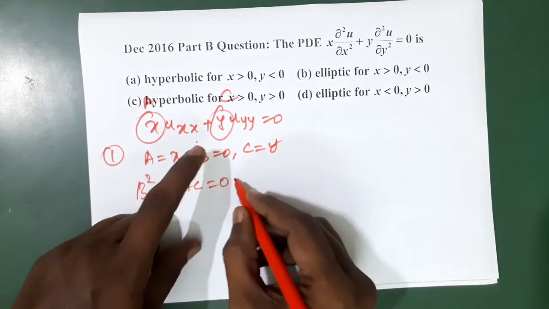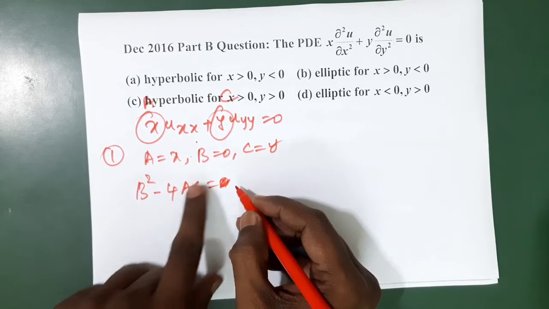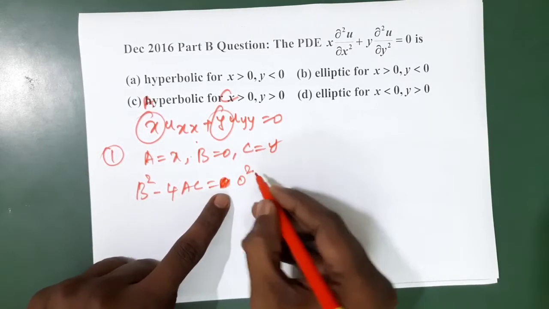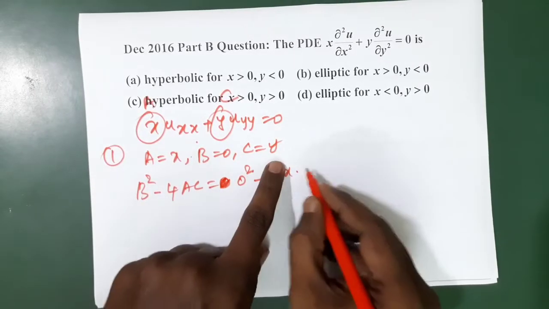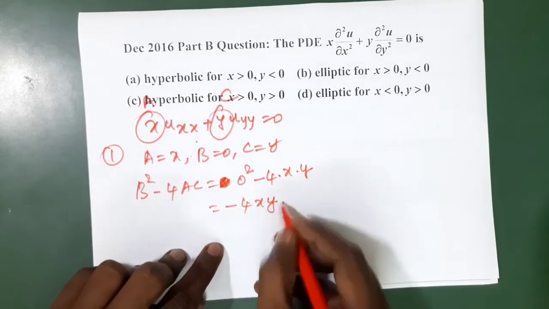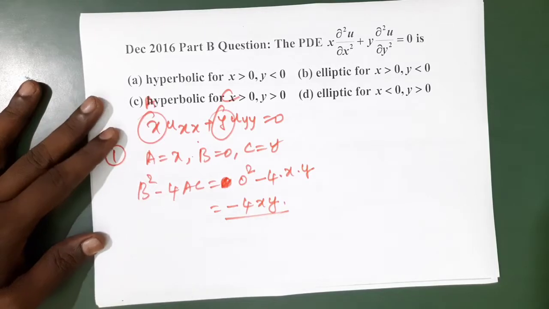We have to find the discriminant. So b square is 0 square, minus 4, A is x, C is y. So what we are getting is 4xy. This is the value we are getting here.